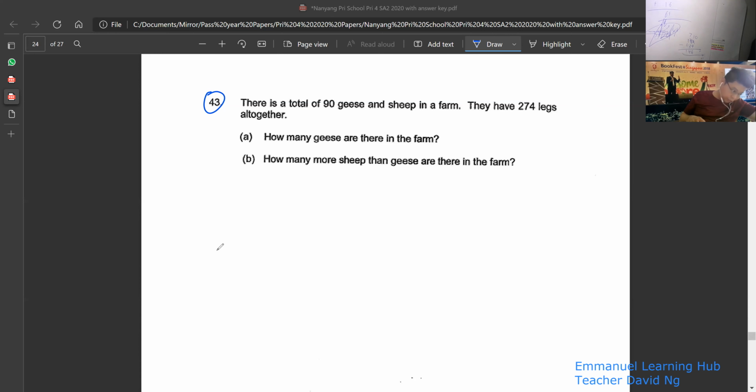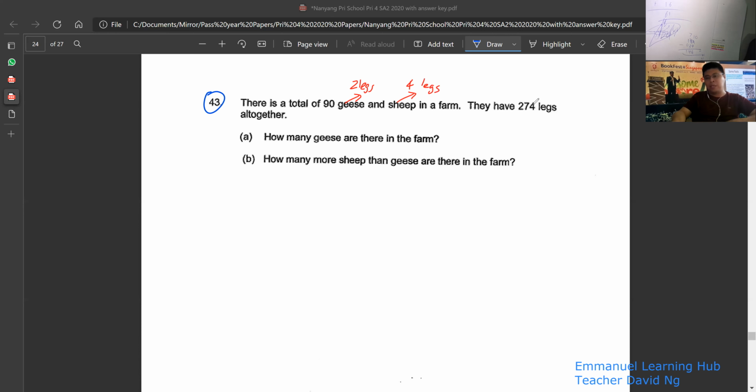What to do? First, you tell me how many legs does a goose have? 2. A goose has 2 legs, right? Sheep has how many legs? 4 legs.